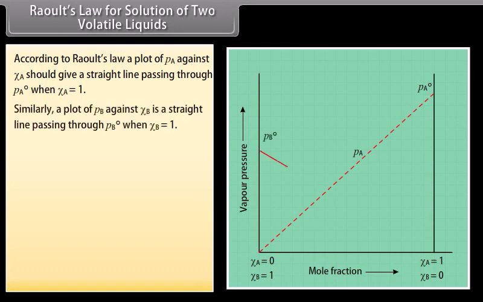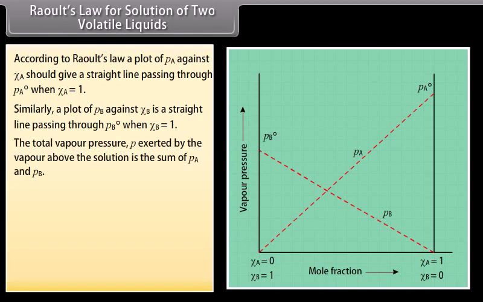Similarly, a plot of PB against XB is a straight line passing through PB naught when XB is equal to 1. The total vapor pressure, P, exerted by the vapor above the solution is the sum of PA and PB.